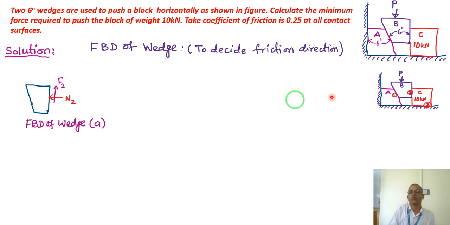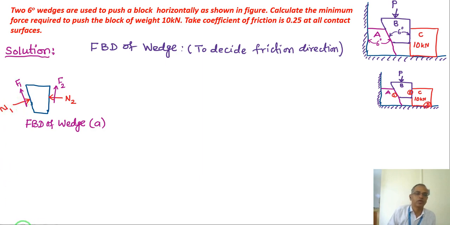Now what else is there? I have a friction force between B and A block, right? Now look here, this block's contact surface is inclined, so the normal force will be inclined, normal to the surface, meaning perpendicular to this inclination.